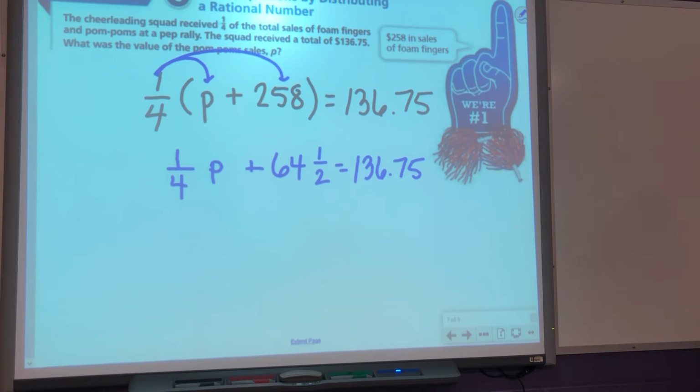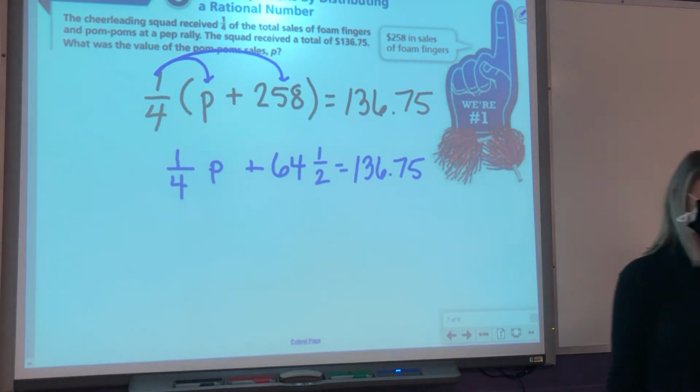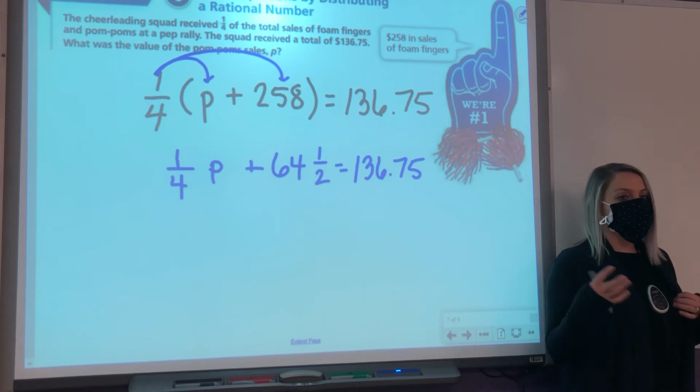Okay, so we've got a lot of different things going on here. We've got fractions, we've got decimals, we've got coefficients that are fractions that we haven't worked with before. Does that change our process at all?